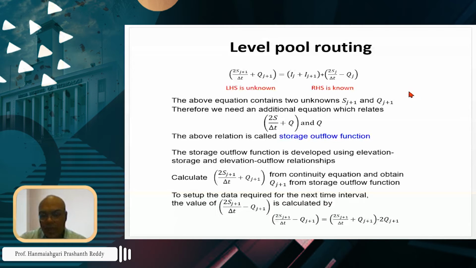So we need an additional function between 2S by delta t plus Q and Q. Once we know the relation between these two, then in the above equation, the left hand side is computed from the right hand side as a whole, but we don't know Qj plus 1.